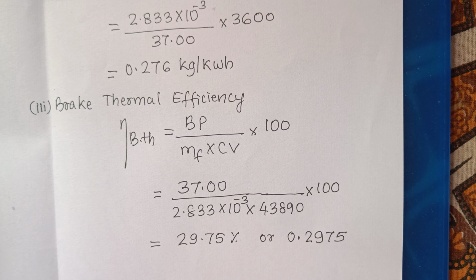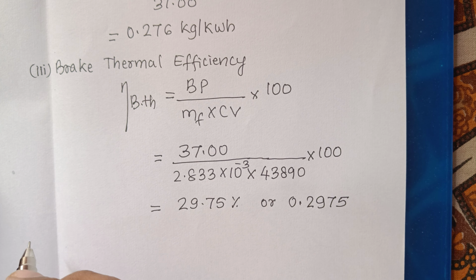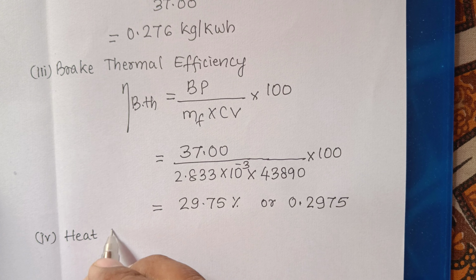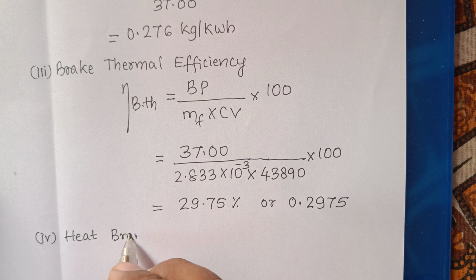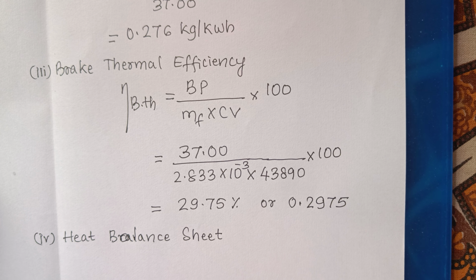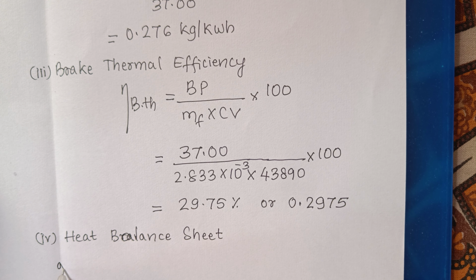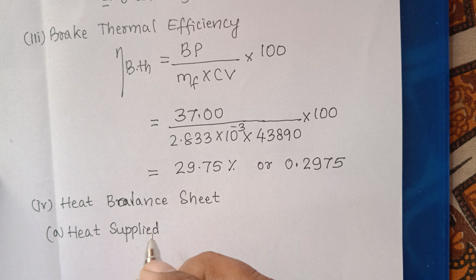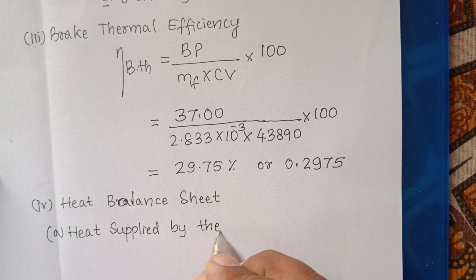Then after getting this value, let us take the fourth part in the problem, that is to draw the heat balance sheet, which is asked in the problem. So first we need to find out the heat supplied by the fuel.